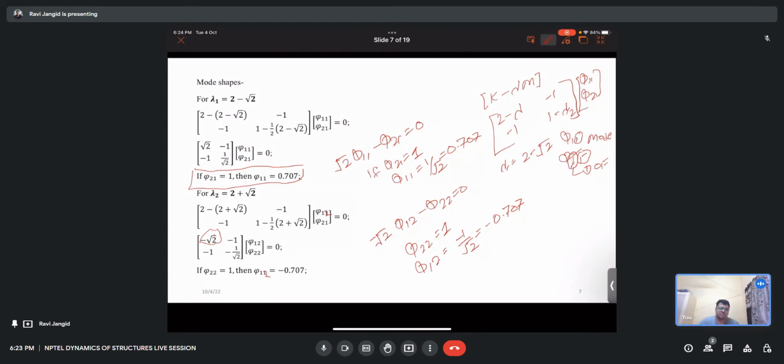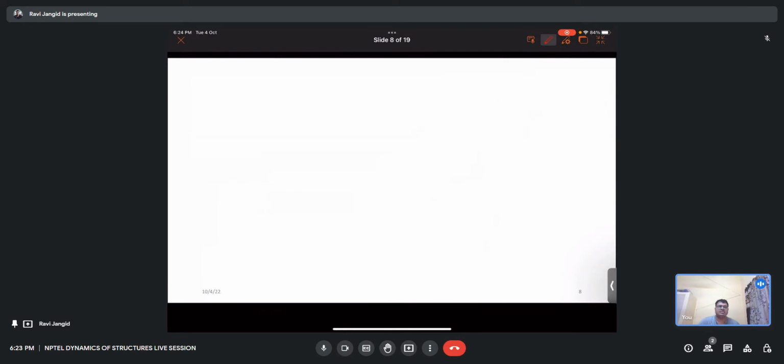So after getting these mode shapes, I will determine the generalized properties of the multi-degree of freedom system.